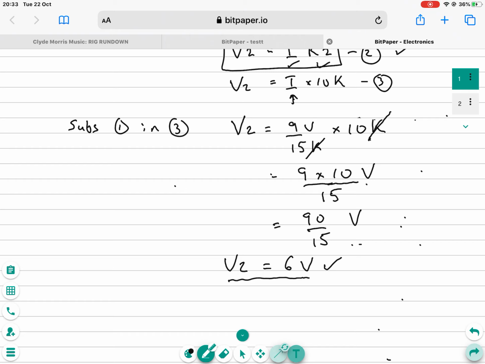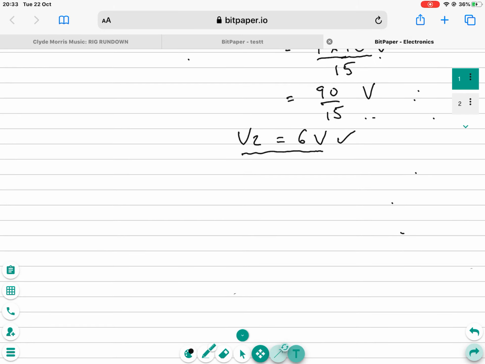You could go on to work out what the voltage is across the resistor R1. Let's have a look at that briefly. It's a relatively easy task now we've got this far. Let's do a quick redraw of the circuit. So we've got R1, which is 5k. Then we've got another resistor here, R2, which is equal to 10k.